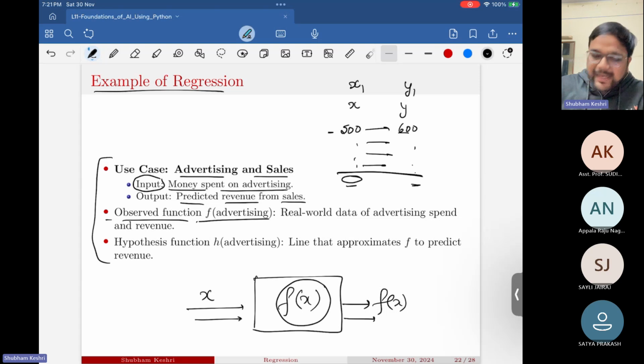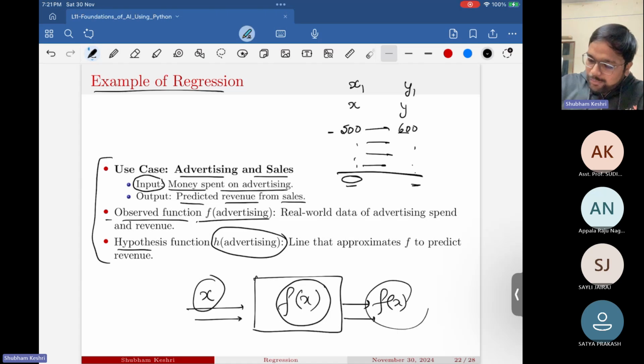We don't know the exact function, right? We are trying to obtain that function, which is known as the hypothesis function. When we were doing classification, we also didn't know what the exact function was. That is why we are trying to build that function. When we say perceptron model, that equation was the function which was trying to tell you, given the input, what should be the output, right?